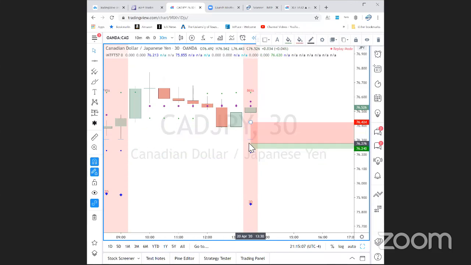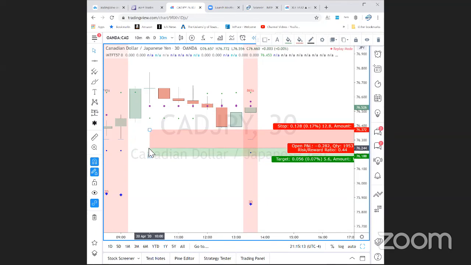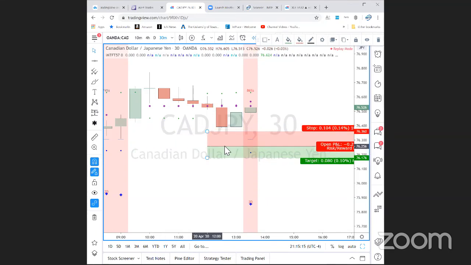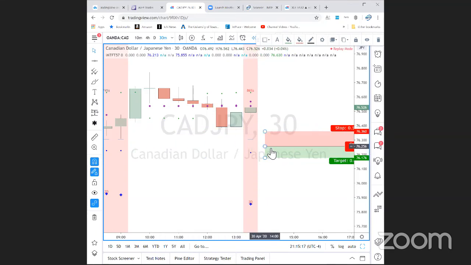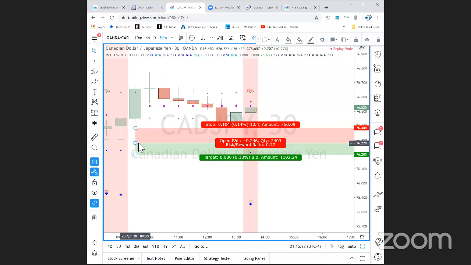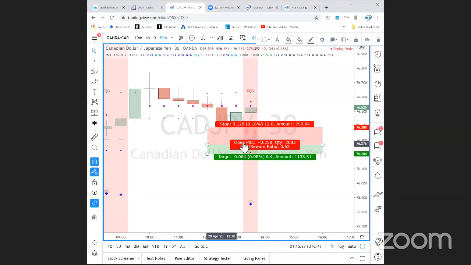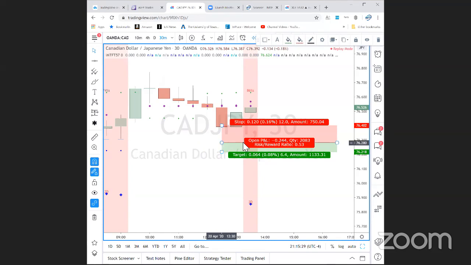Sorry, it takes a little while for these little reward risk tools. When they put them on the chart, they're so long. Boom, boom, boom. Okay, now we're getting there.